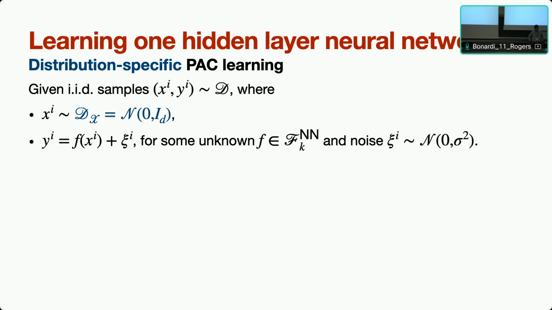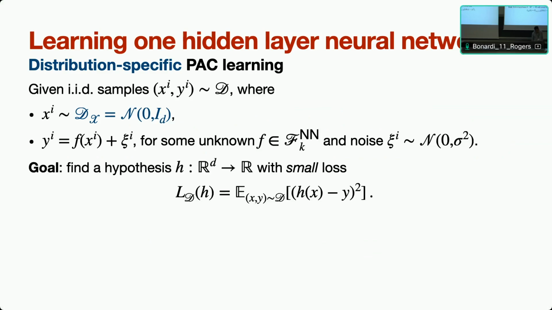And you have your label y_i to be f(x_i) plus xi_i, where f is the function you want to learn inside of this function class. And you have a noise xi_i, which is also Gaussian, with variance sigma squared. The goal is to find a hypothesis h with small loss, and here we'll be using the mean squared error.